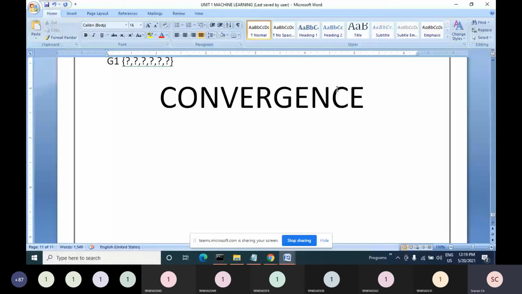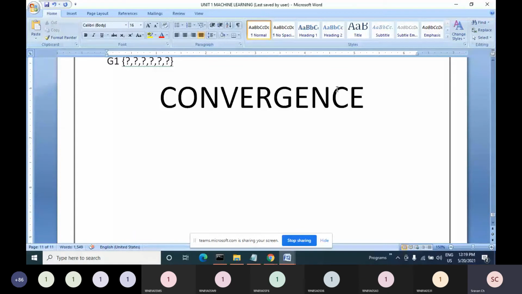Now, why is the word convergence important in machine learning? In machine learning, we don't have a fixed logic or formula to solve problems. If you remember, we use machine learning for non-deterministic problems only. So obviously there will be some issues with respect to the performance and accuracy of these applications.